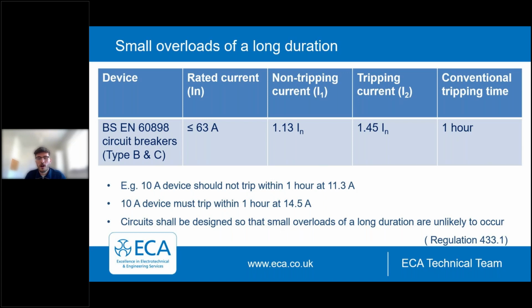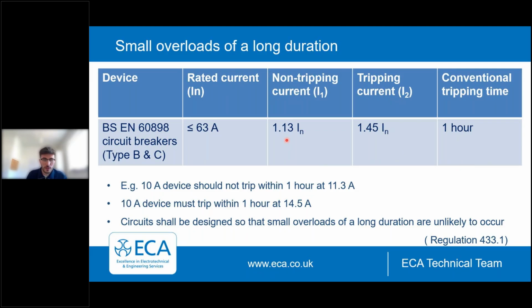Now, fuses are similar and they operate on, instead of a non-tripping current, a non-fusing current, and instead of a tripping current, it would be a fusing current. So similar, but obviously slightly different terminology.